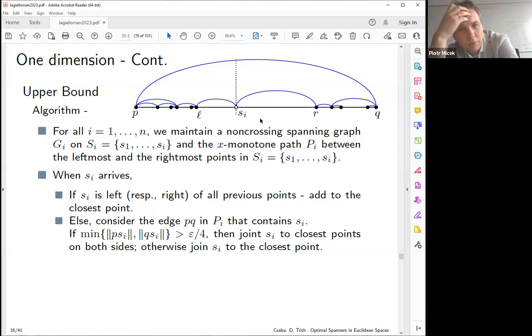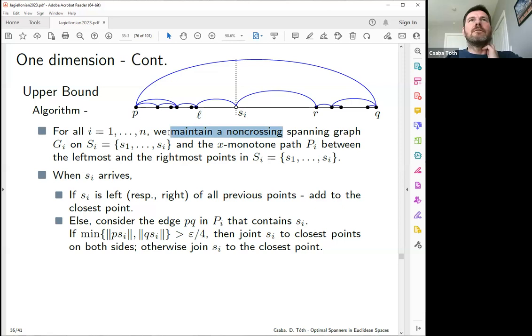I mentioned that it's a non-crossing spanner. Non-crossing in 1D just means that this is a laminar structure, so the edges have proper containment between them.